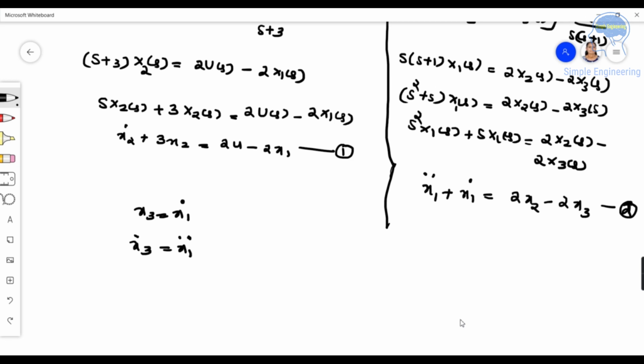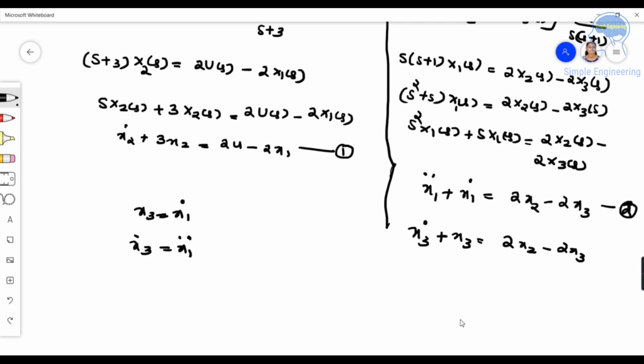That is our equation number 1: x2 dot plus 3x2 is equal to 2u minus 2x1, and equation number 2 is x1 double dot, which means it is x3 dot. So this equation we can rewrite as x3 dot plus x3 is equal to 2x2 minus 2x3.